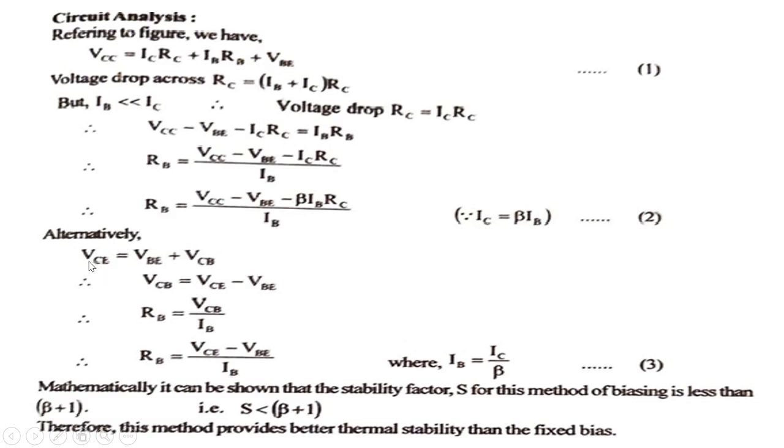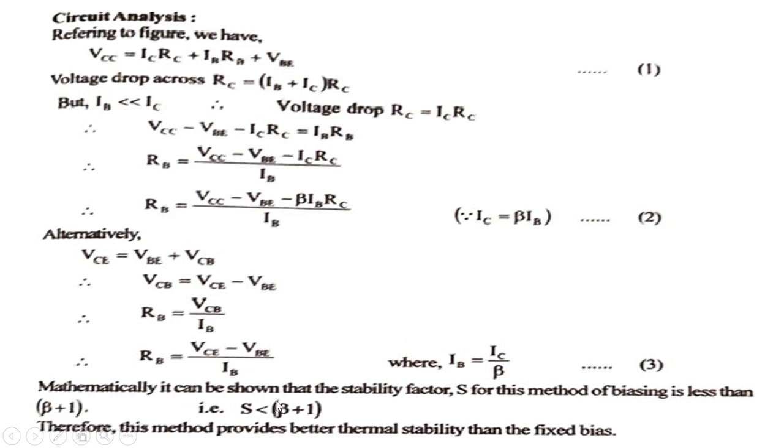Alternatively, VCE equal to VBE plus VCB. Therefore, VCB equal to VCE minus VBE, and therefore RB equal to VCB upon IB, and therefore RB equal to (VCE minus VBE) upon IB, where IB equal to IC upon beta.